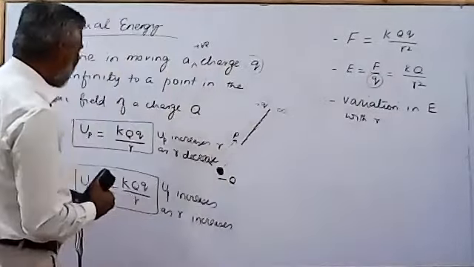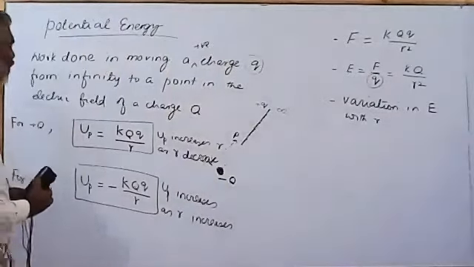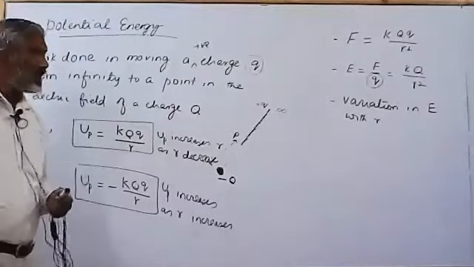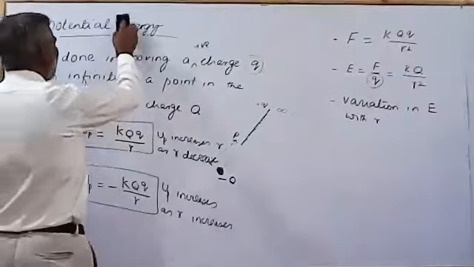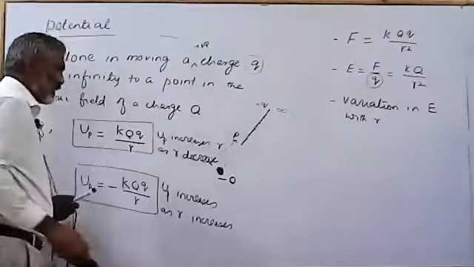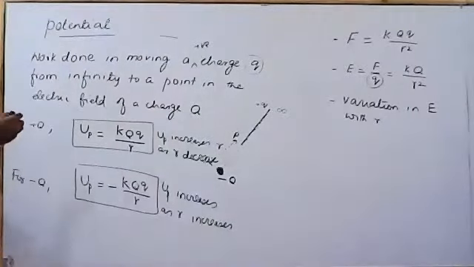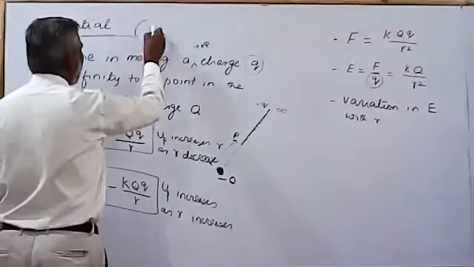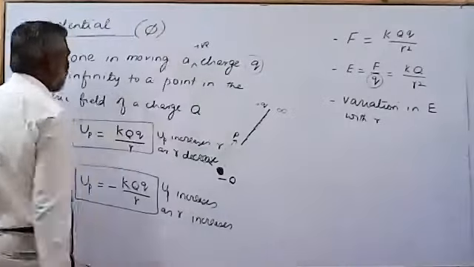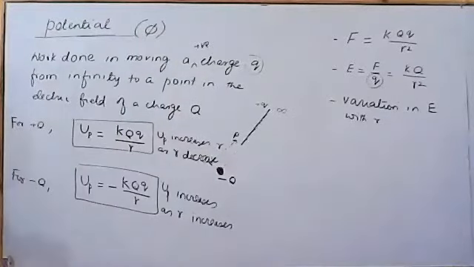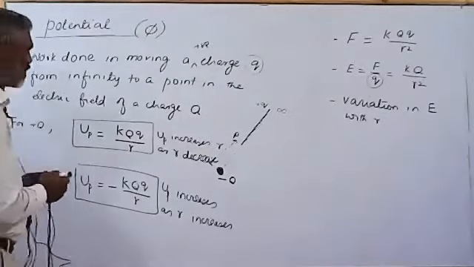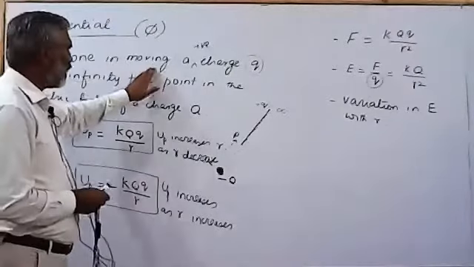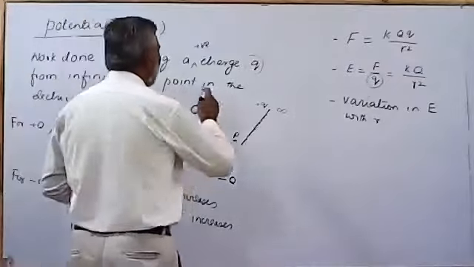Another quantity which can be very quickly defined from it, and it's the right time to define it here, is electric potential at a point in the field, or simply potential in an electric field. That is usually denoted by phi. So the value of phi at a certain point is the work done in moving a unit positive charge.